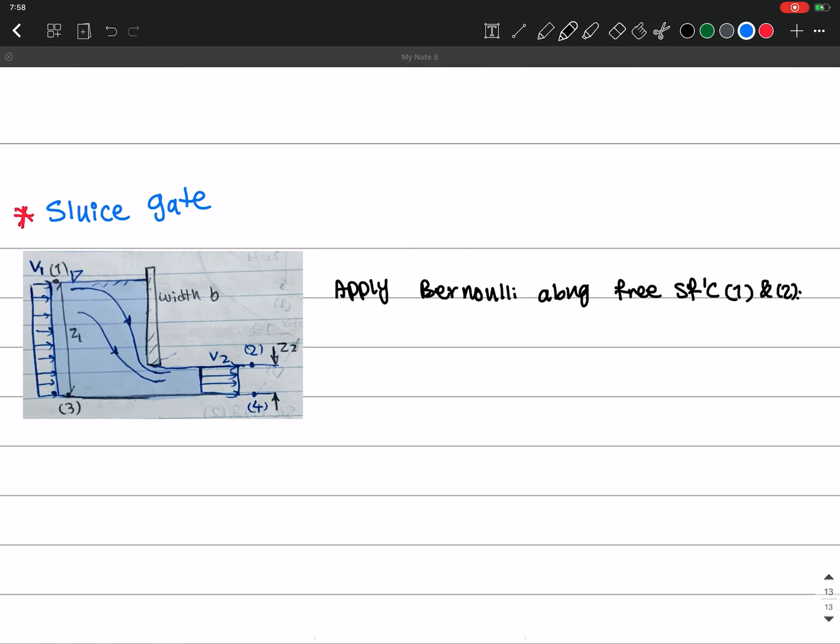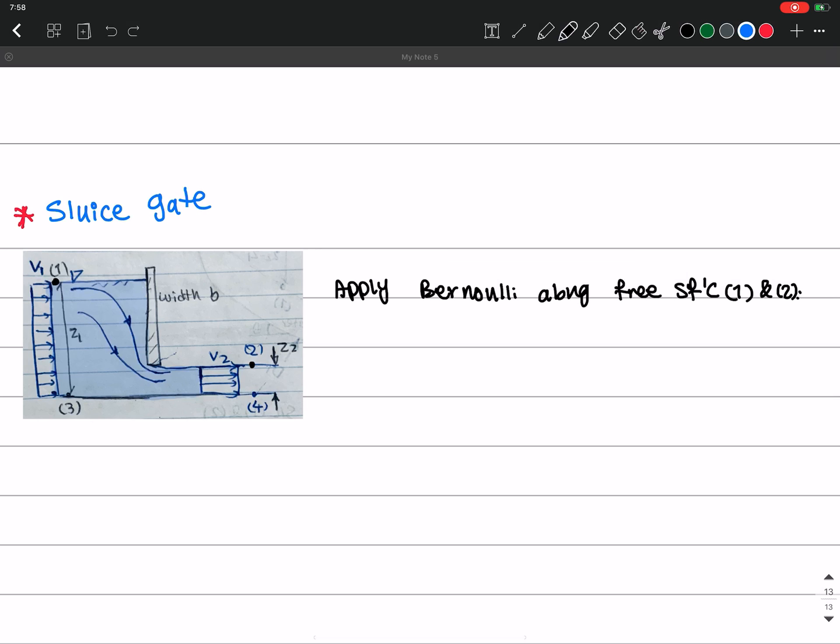So along this one and this point, I apply Bernoulli. And why can I do that? The reason is I can have a streamline that goes from here and then goes here, right? So I have one streamline that goes this way. So I can write Bernoulli between these 2 points, okay?